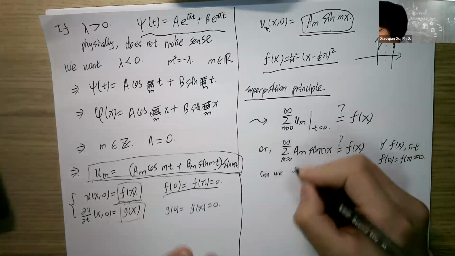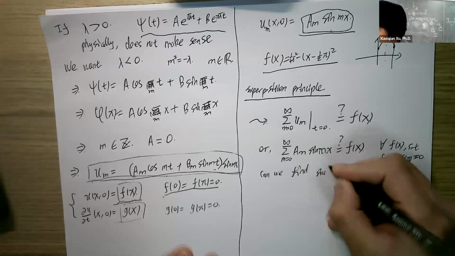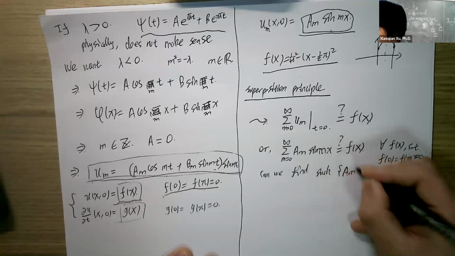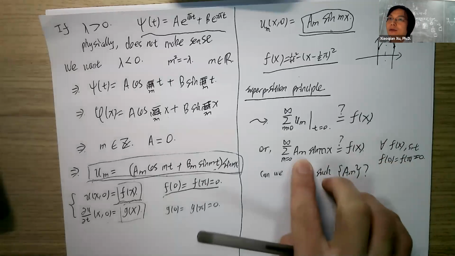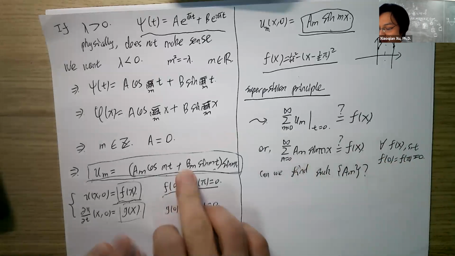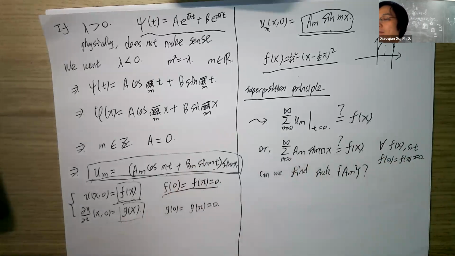Can we find such A_m? If we are able to find such A_m, then we solve the problem, because once you find A_m, then based on g, you can find B_m.